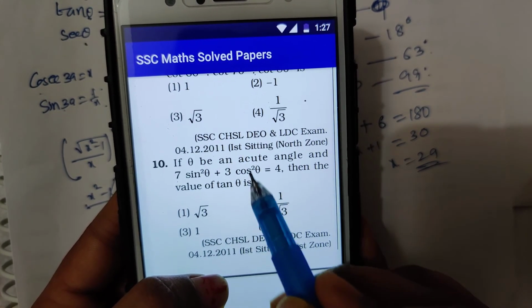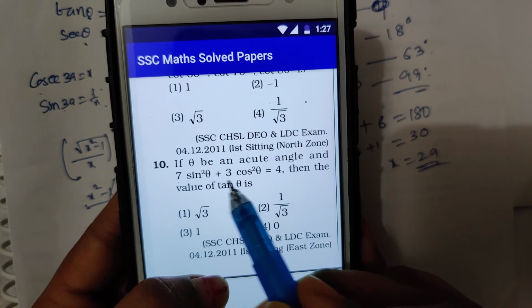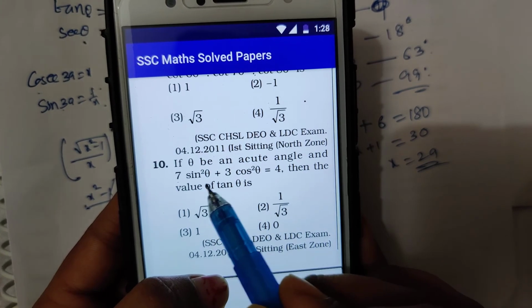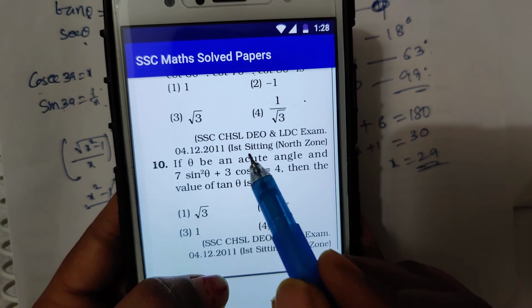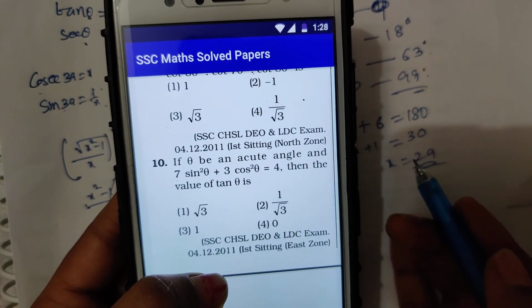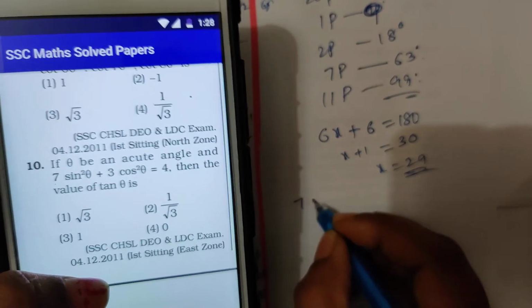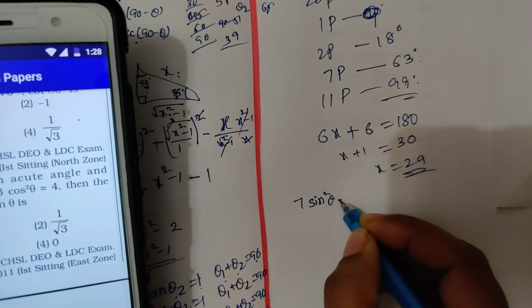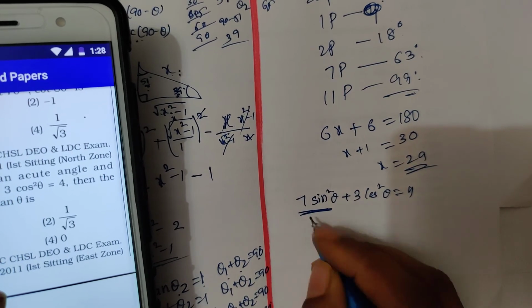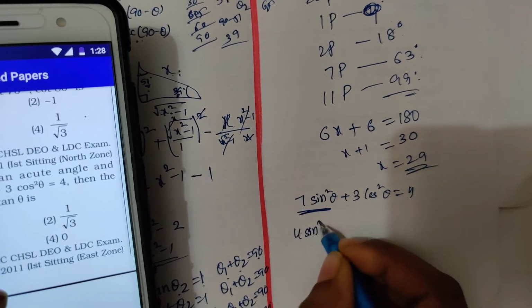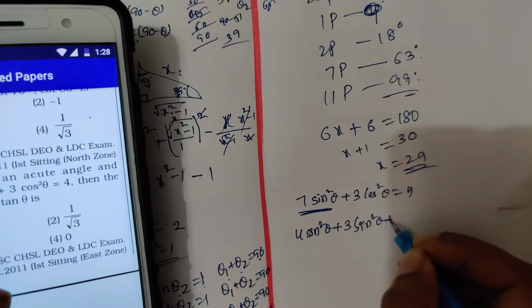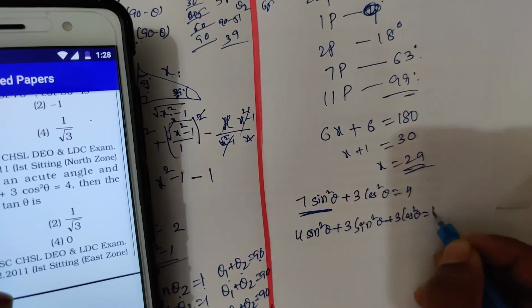Means if here it is given 3 cos square theta, right? So if we get here 3 sin square theta, if we take 3 common, then we will get 3 into sin square theta plus cos square theta. We already know sin square theta plus cos square theta is 1. So I am writing for you 7 sin square theta plus 3 cos square theta is equals to 4. 7 we are splitting it as 4 sin square theta plus 3 sin square theta plus 3 cos square theta is equals to 4.